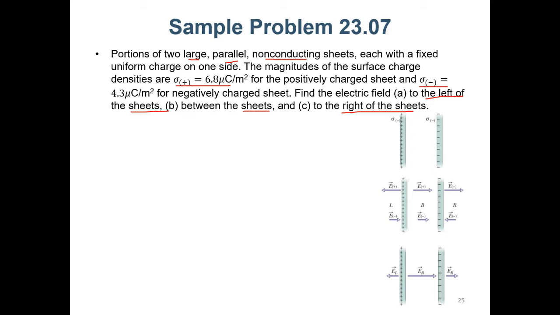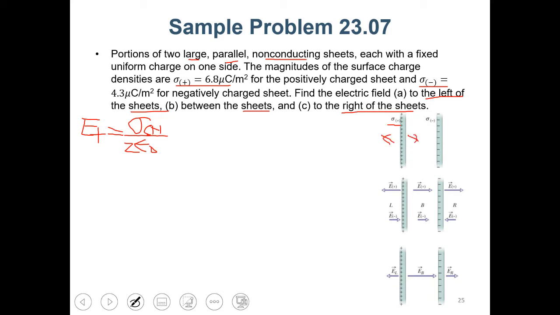So in this case, we can calculate E plus generated by the positive plate, which would be sigma plus over 2 epsilon naught, because this one will generate E field on both sides.